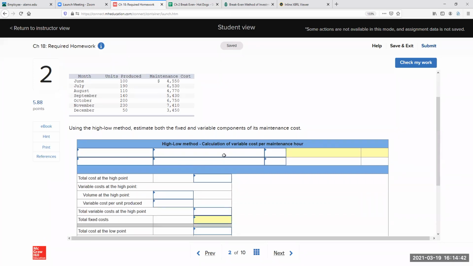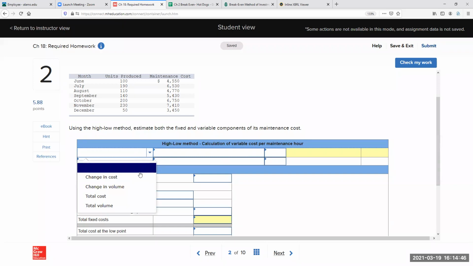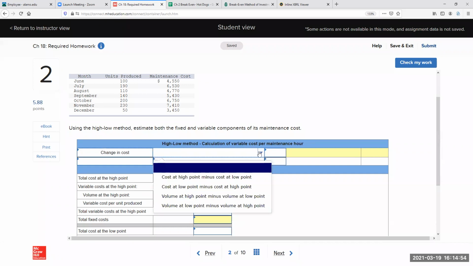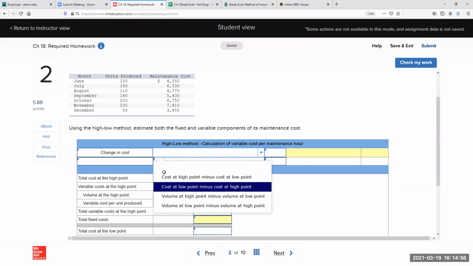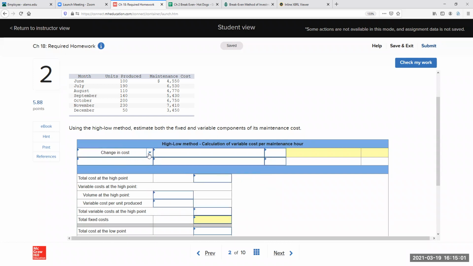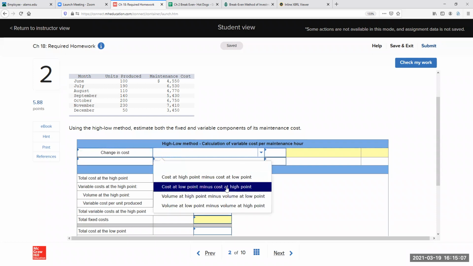So the high-low, let's see. So essentially for math, remember it's the rise over the run. The rise is the change in cost divided by the change in production, the change in volume.